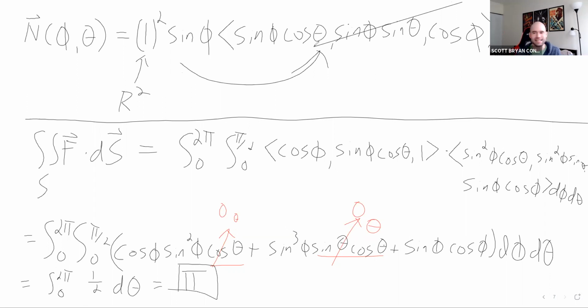There's nothing too fancy that we did there. I just skipped over a lot of steps that you all could have done yourselves, but that's not the important thing. The important thing is getting that integral set up, knowing how to parameterize a sphere of radius r, and knowing the outward pointing normal. That is a very good thing to have memorized, and I absolutely would suggest you have that memorized.